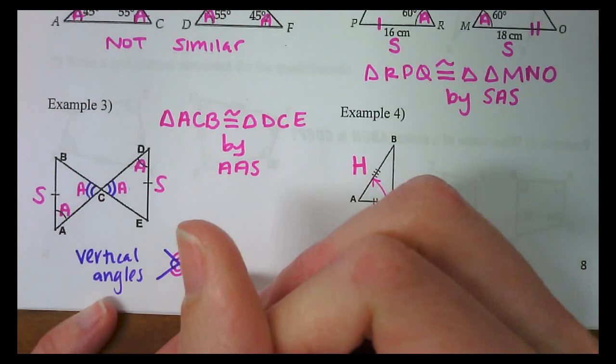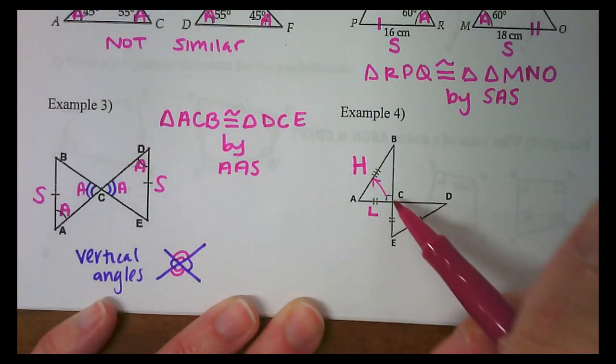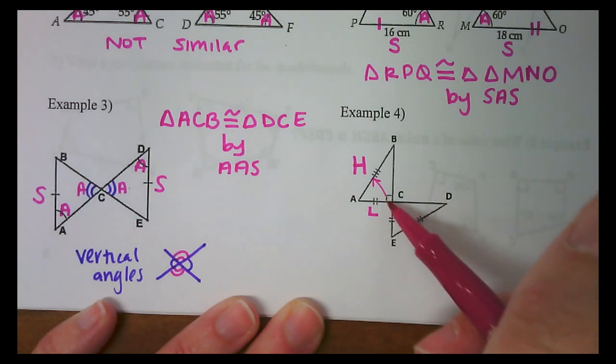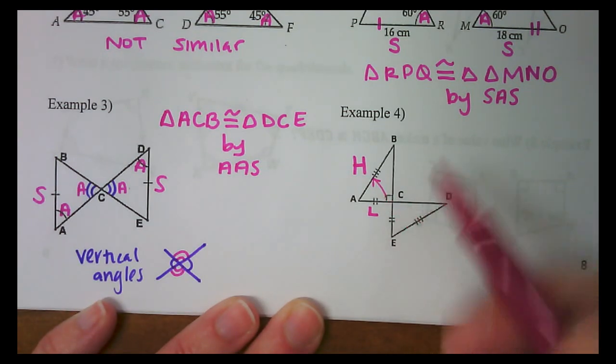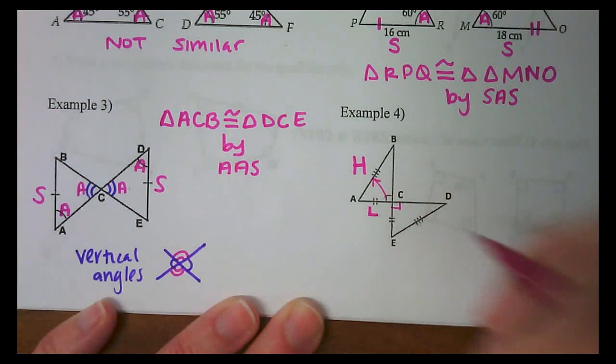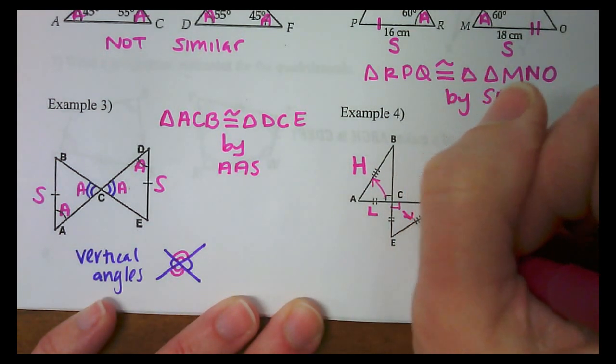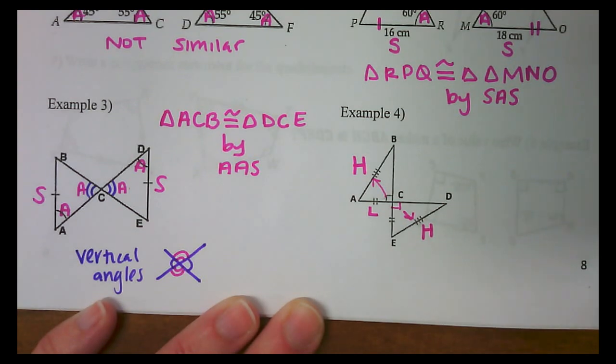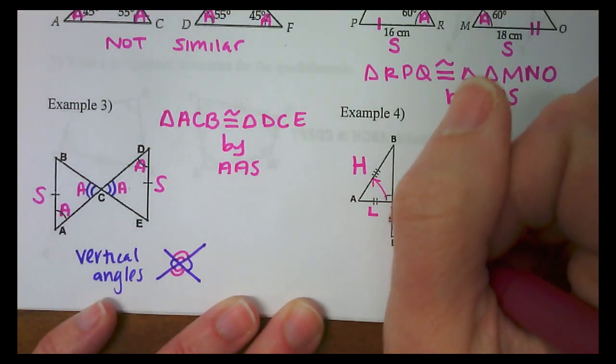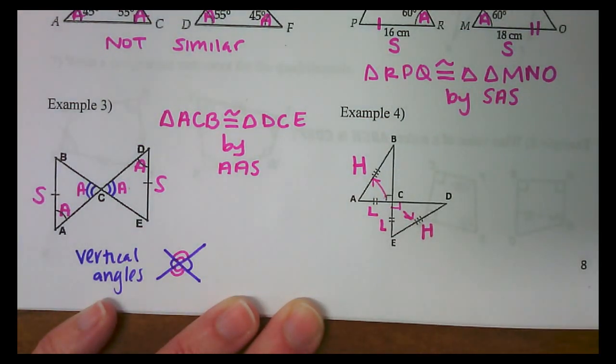Now, just like in this vertical angle example over here, there's an X here. That means these angles are exactly the same. So I can put a right angle box here too. The side that's across from it is the hypotenuse. This side that makes the right angle is the leg.